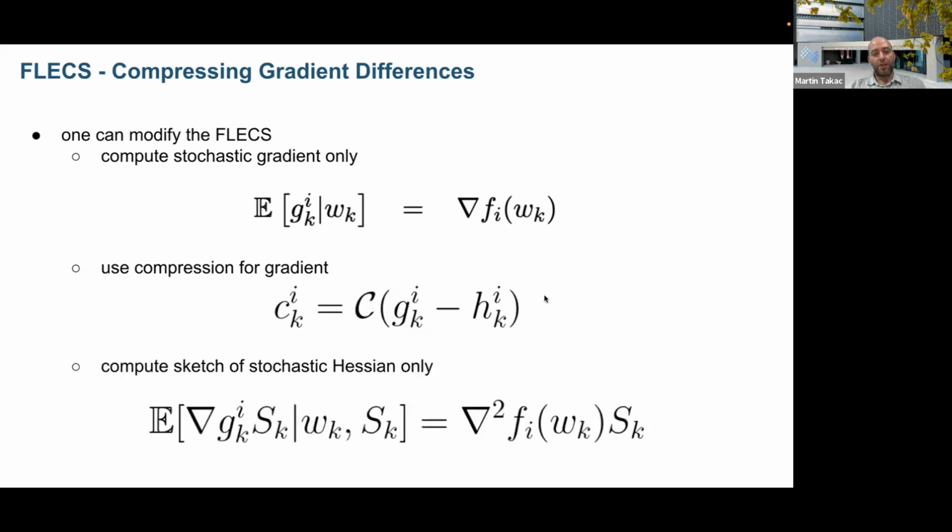We can also assume I don't compute the full Hessian and sketch the full Hessian. I just need to compute a stochastic gradient and then sketch it by some function. For the proof, I will use different mini-batches for computation of the gradient and for sketching the Hessian.